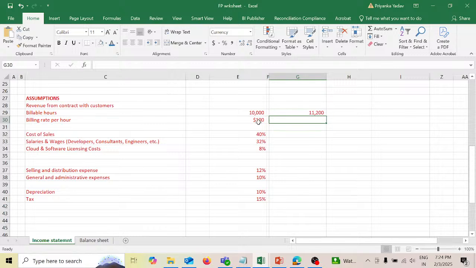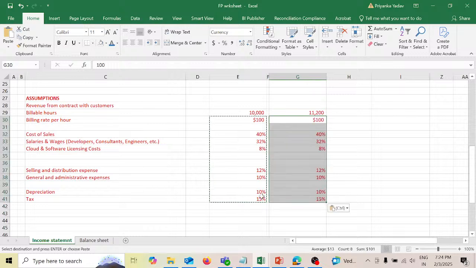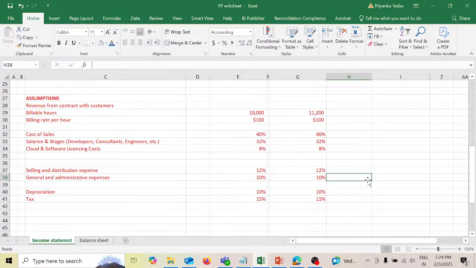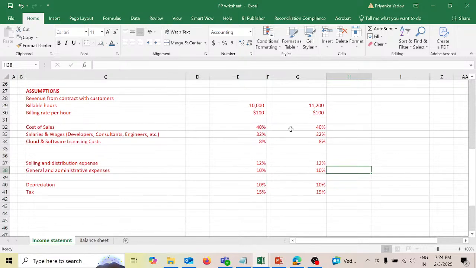The rest of the rates we will keep the same for the next year also. So you can see we have created the assumptions.